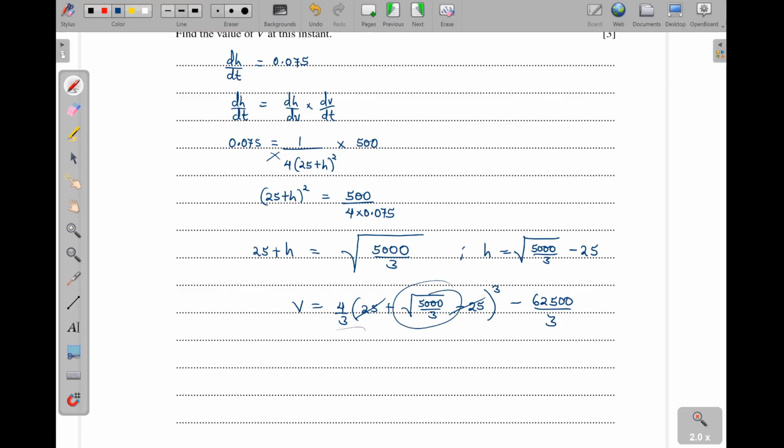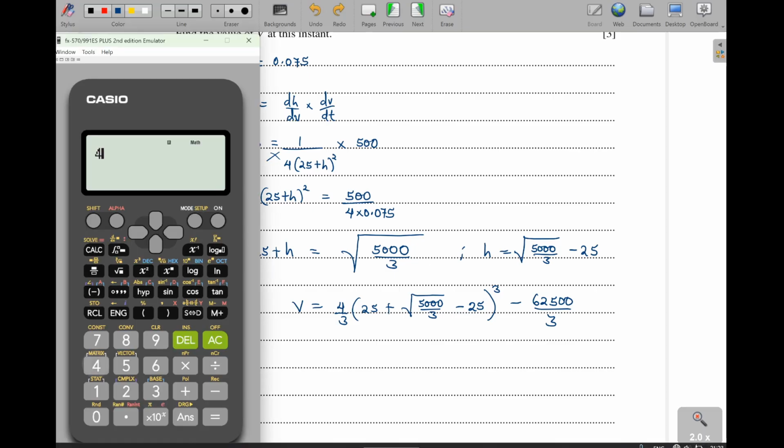and then you remain with this one cubed times that. So altogether, what do we get? 4 out of 3, then times, inside here we have the square root of 5000 out of 3, then this one is supposed to be cubed, because remember 25 disappeared, then minus 62500 out of 3.